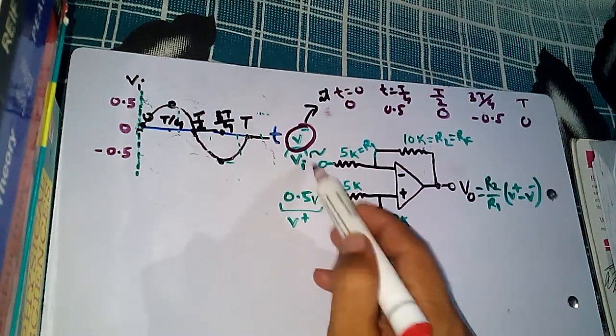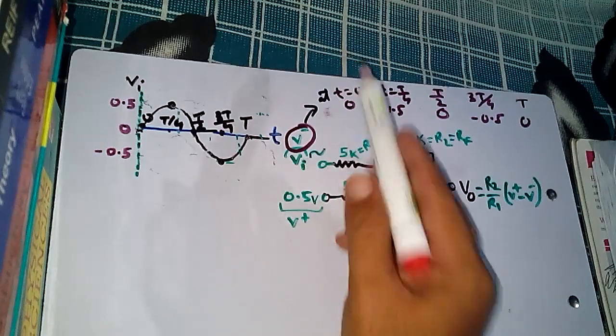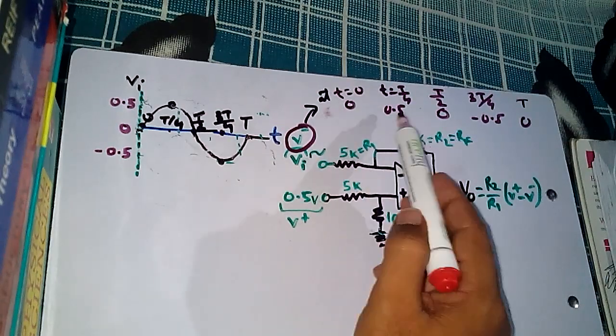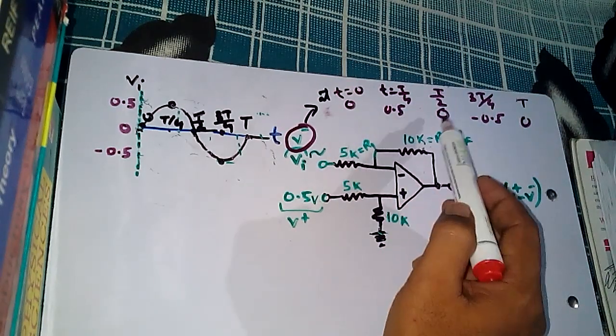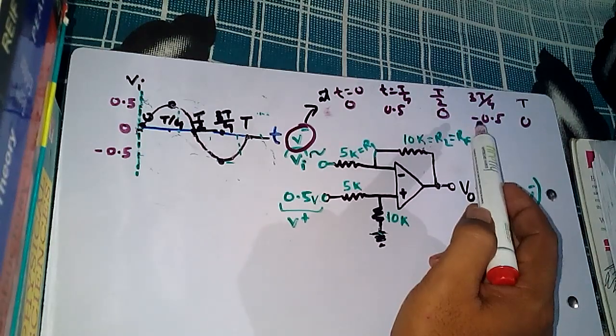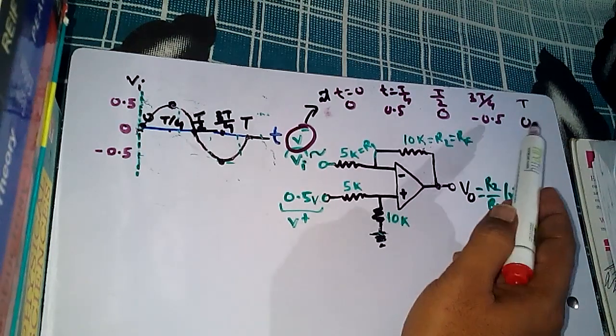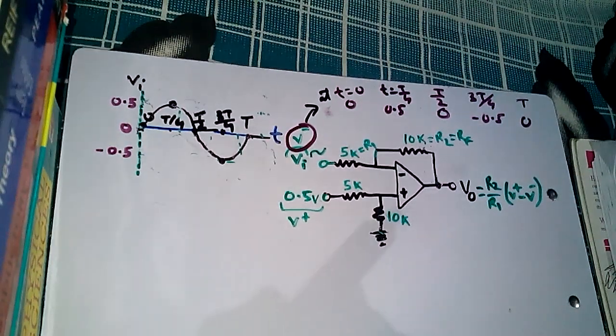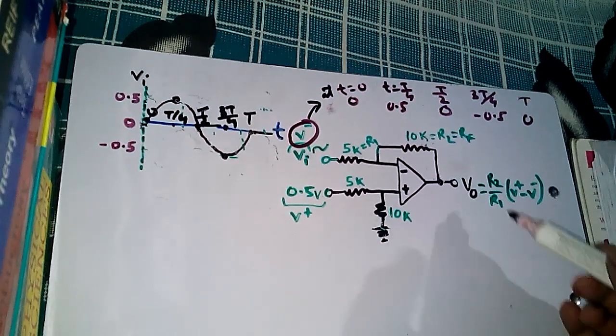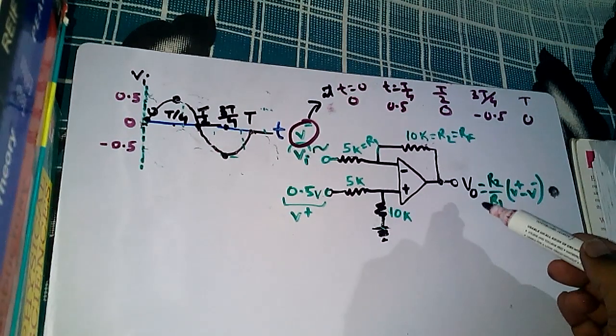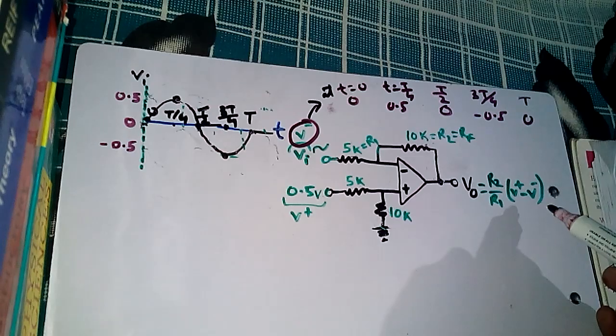That means this input voltage is changing with time. At t equal to 0 it is 0, at quarter time period it is 0.5, at T by 2 it is 0, then minus 0.5, then at the time period it is 0. In this way. Now we have to find the output, and we will find it by using this formula.